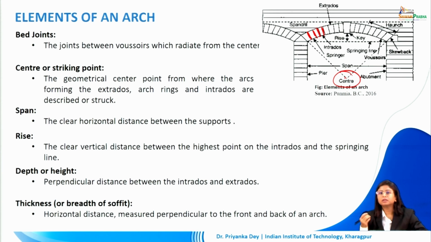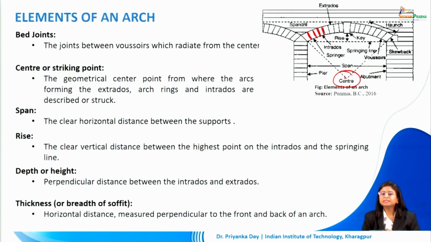So the extradose, the intradose, the arch rings, we may have multiple rings also, each of which is radiating, or we can strike it from a certain point, that is the striking point or the center. So if we are drawing this arch with the help of a compass, the point where the central point of a compass rests is the striking point.